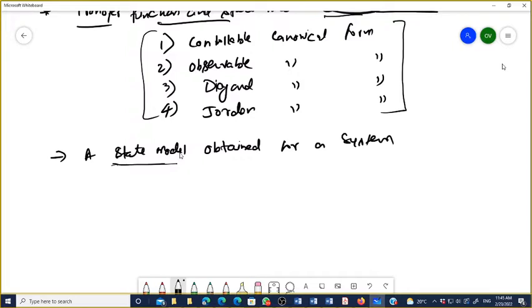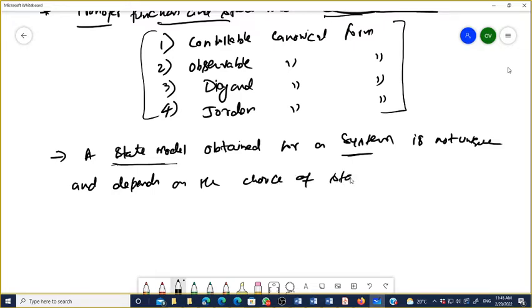Is it unique or non-unique? For a system, it is non-unique. It may be different; it depends on the choice of state variables.